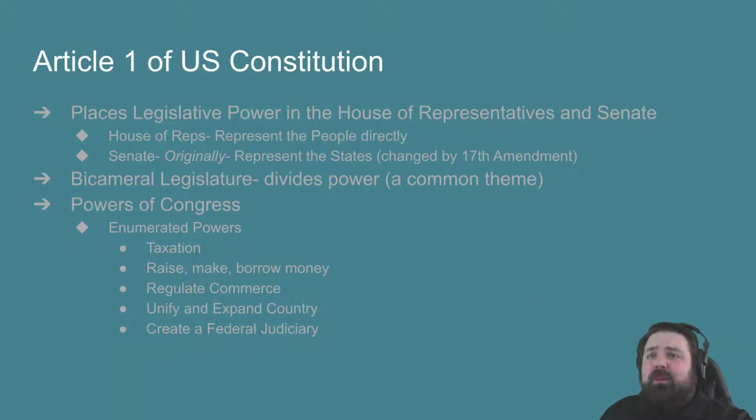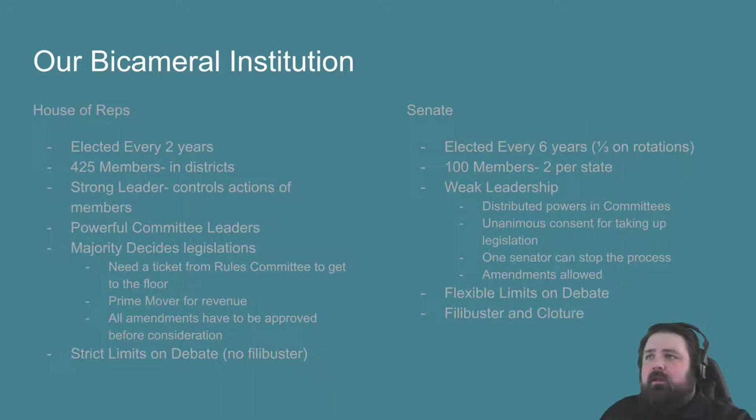So let's dig in a little bit into the institution that is Congress. What we've ended up creating is what we call a bicameral institution, right? As we already mentioned, that is a two-house legislature. And the way that we've created and go about electing members to these houses greatly influences the way that they're functioning.